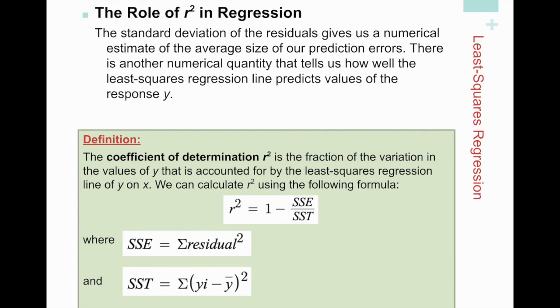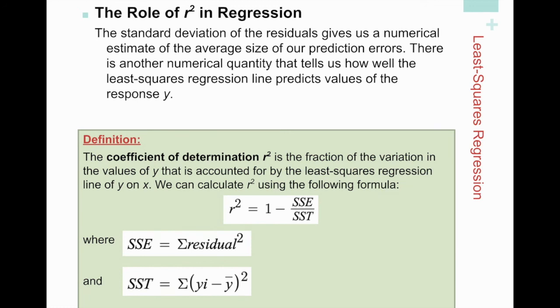So the residual plot is more of just a quick check, a visual guide as to whether the LSRL is a good fit. R squared is more of an algebraic, numerical measurement of how strongly the LSRL fits the data. And you do not have to know SSE and SST.